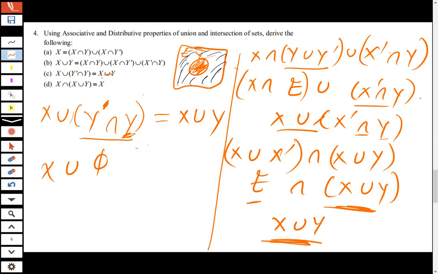Y intersection Y complement is simply an empty set, and then an empty set union X, the answer is just X. So this part wasn't supposed to be X union Y, but just X. So this was supposed to be the answer, not X union Y.